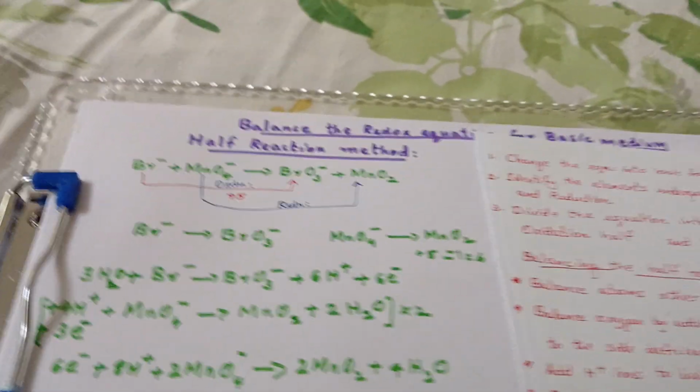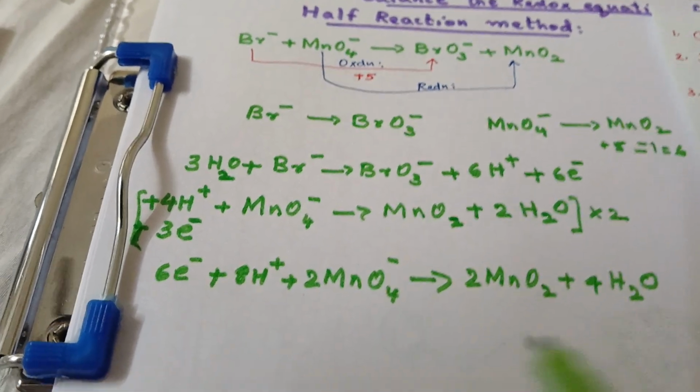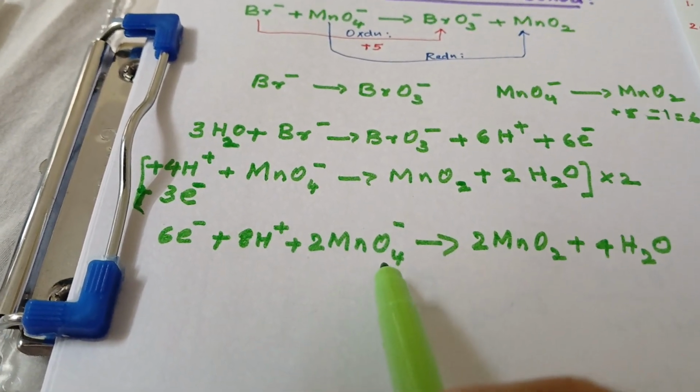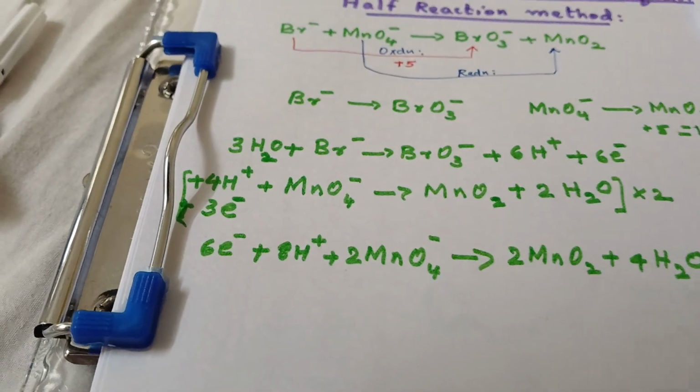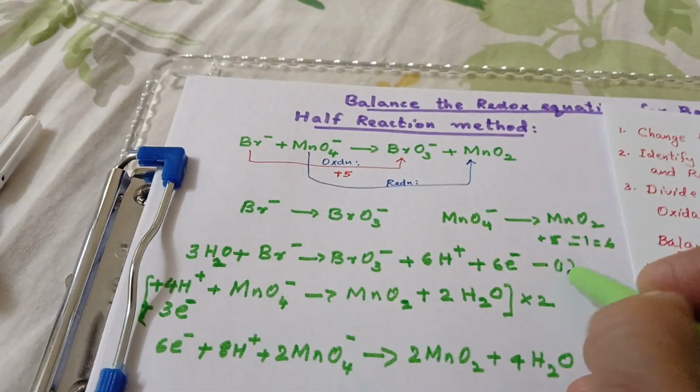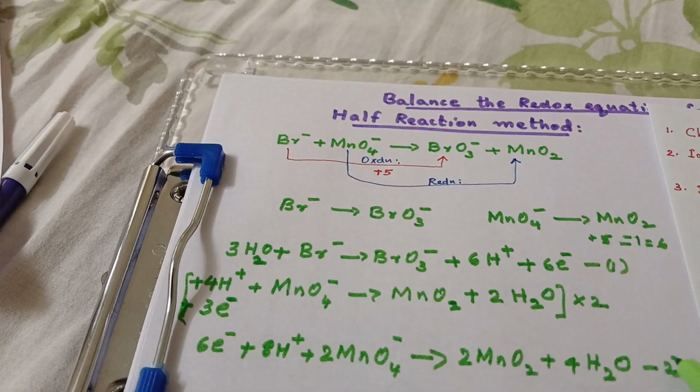So that equation we have rewritten. Now let us combine this equation and let us give this equation number 1 and this will be number 2.